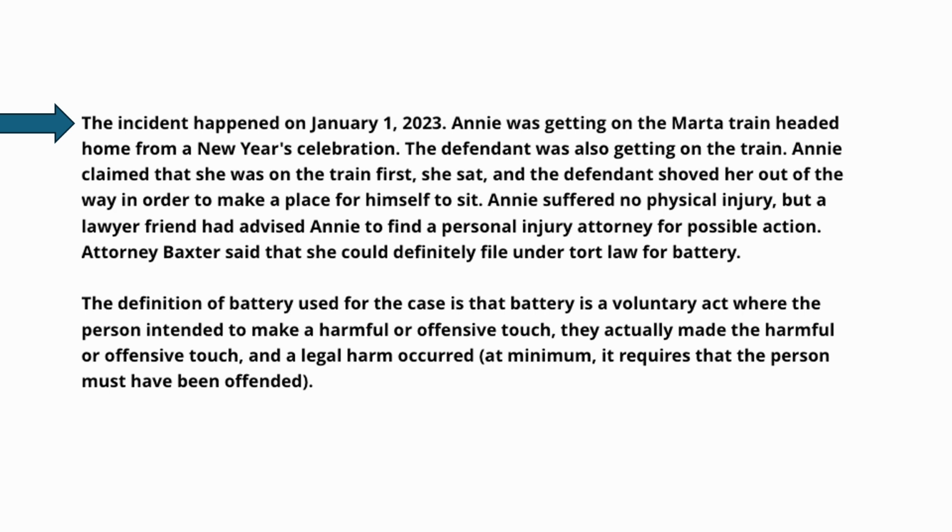All right, that part of the information is important. Now, the next part of the information that we have is where Annie was getting on the MARTA train, headed home from a New Year's celebration, okay? Then we have where Annie claimed that she was on the train first and she sat down. We're going to end right there.